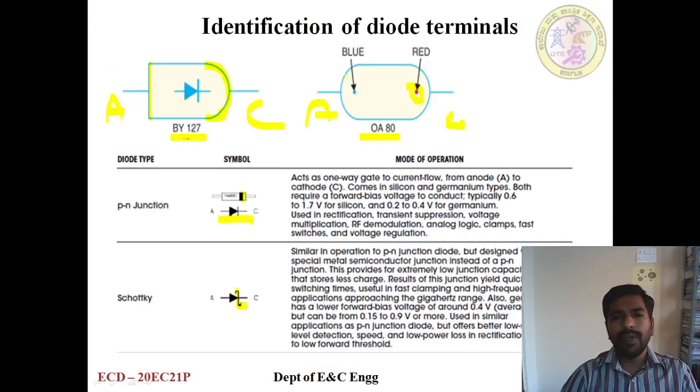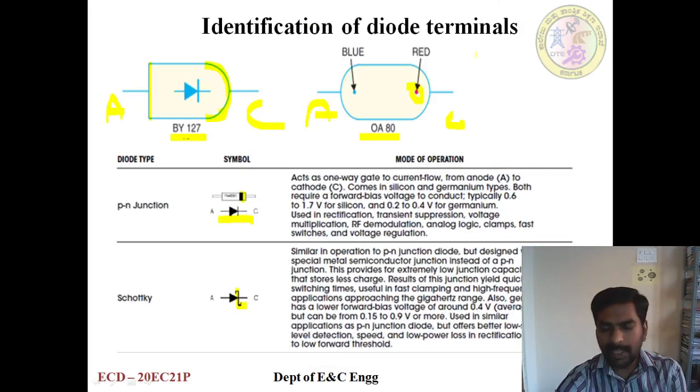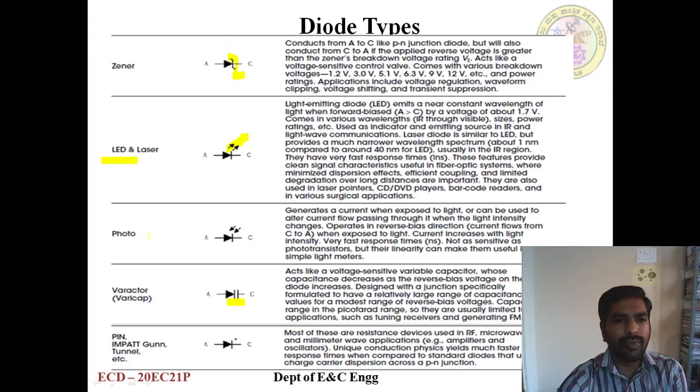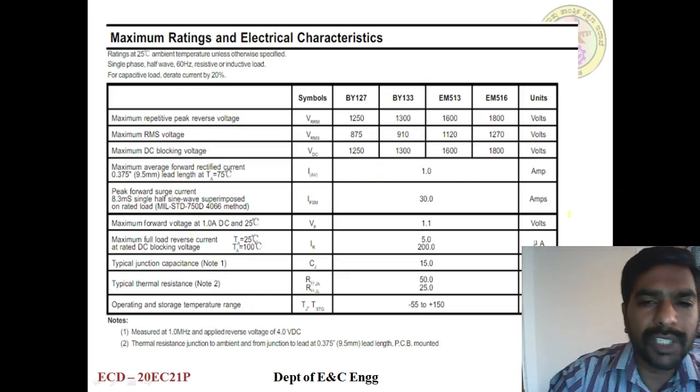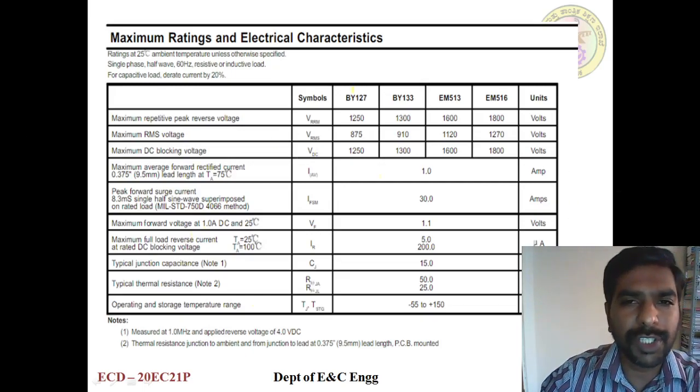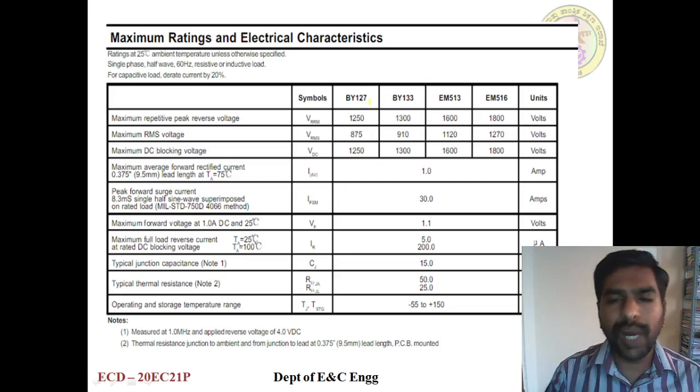And there are modes of operation, but you need only the PN junction diode, Zener diode and photodiode. So these three diodes we are going to use. And there are electrical characteristics. If you open a diode data sheet, it looks like this. This is the important sheet. It gives the specification on what parameters we can use.